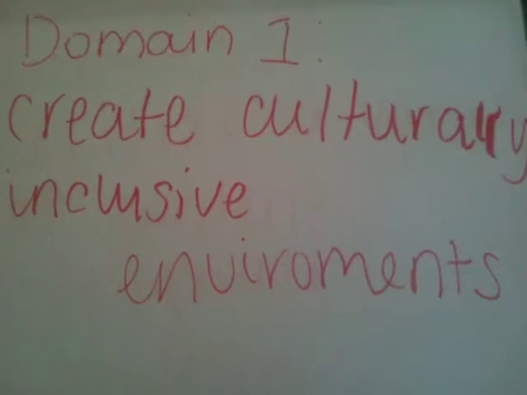If the environment's rigid and people aren't invited to think amongst themselves, then they're probably not going to want to think critically because they'll be afraid. They'll be afraid that their opinion is wrong. But in a culturally inclusive environment, the student will be able to think a lot more outside the box, which can help them do better on the Common Core assessment.